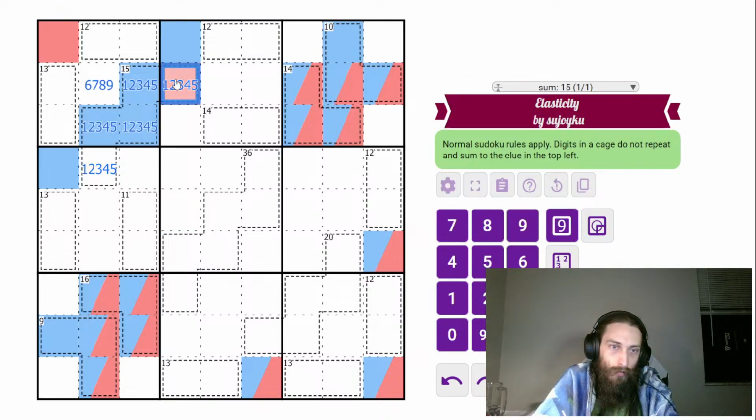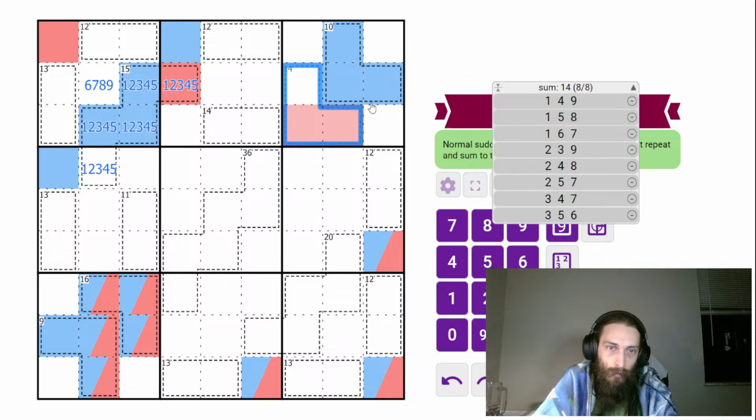If I pick red to be here, it's ruled out of the 10. The 10 has to have 1 or 2 in it. So that would be ruled out of the 14.